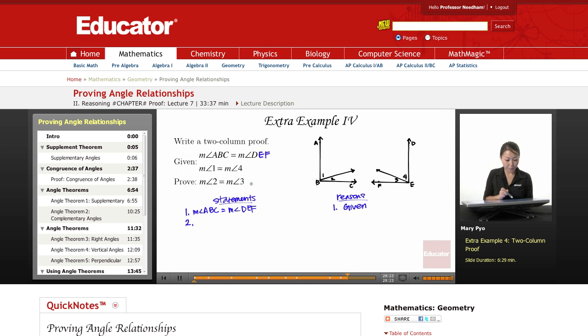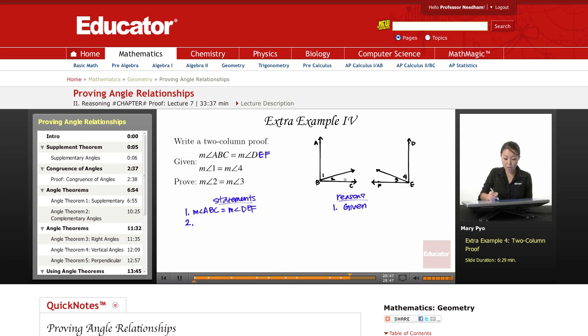Okay, well, let's look at this real quick, or think about this. I have that this big angle is equal to this big angle, right? They have the same measures. And this angle is equal to the measure of this angle.